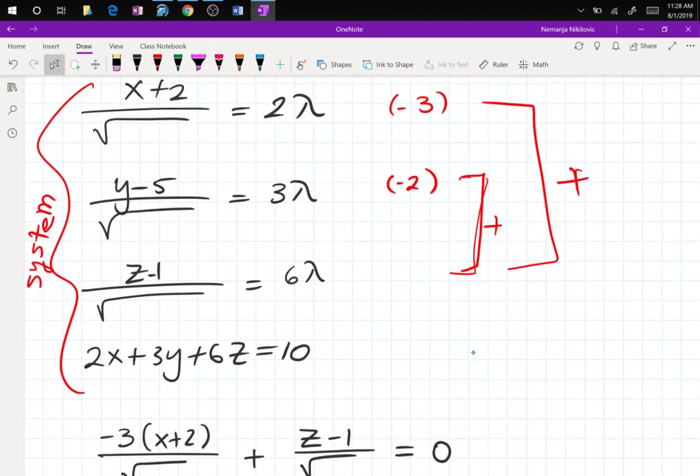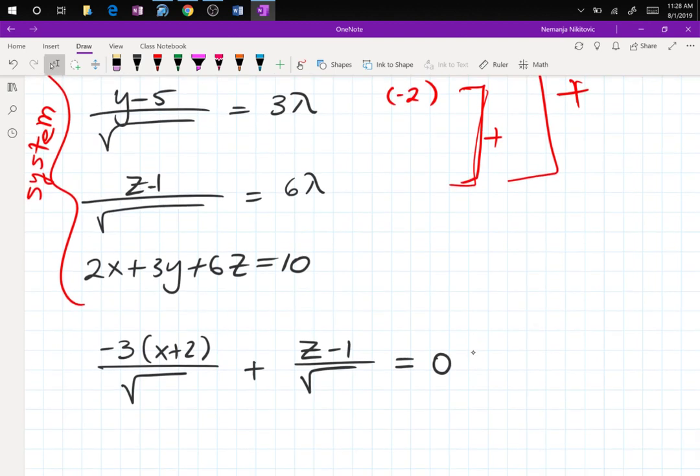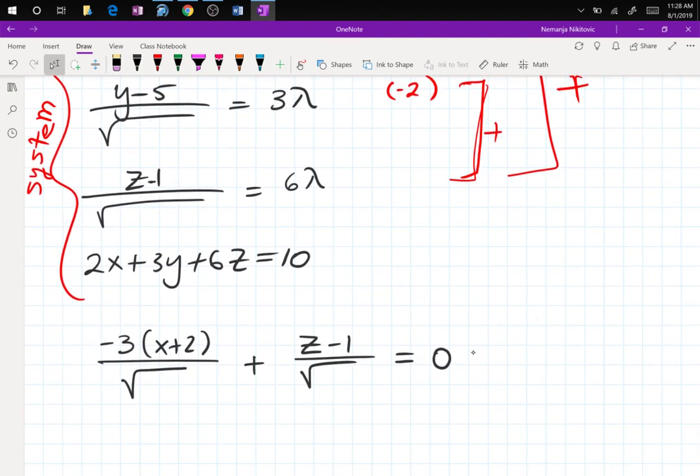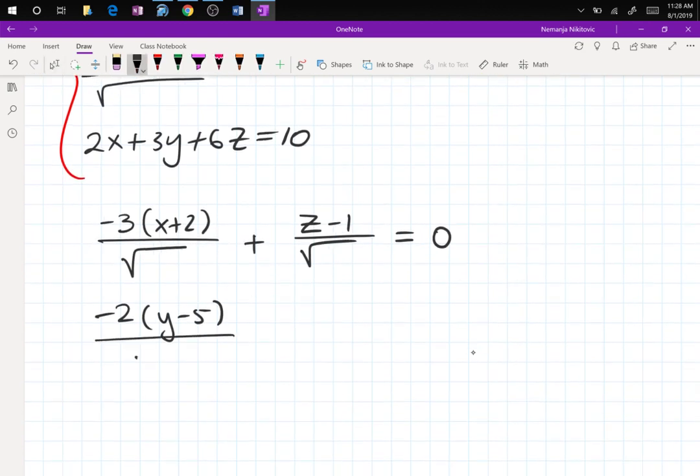Now you combine second and third. So that's going to be -2 times y minus 5 divided by the square root plus z minus 1 over the square root equals 0.